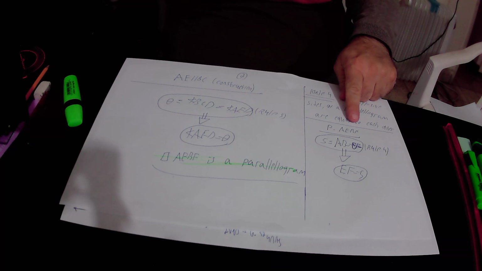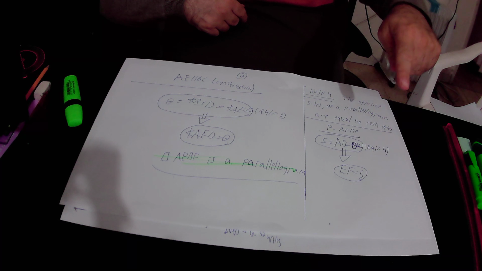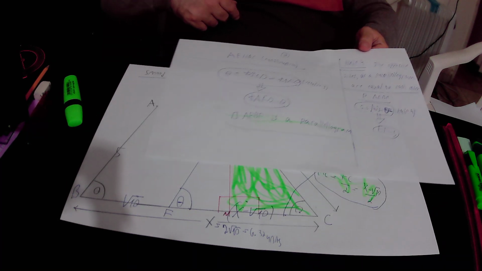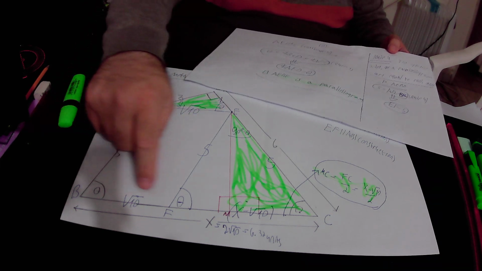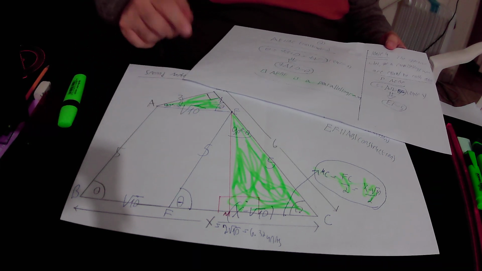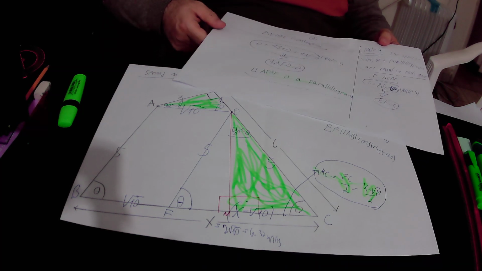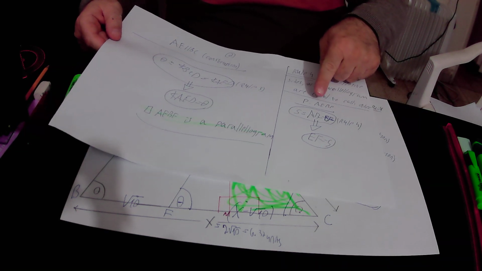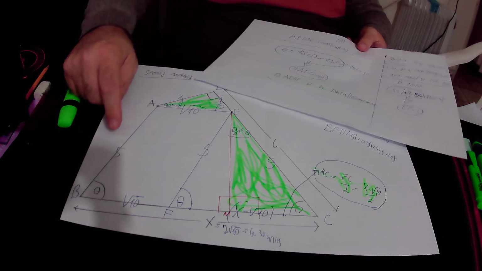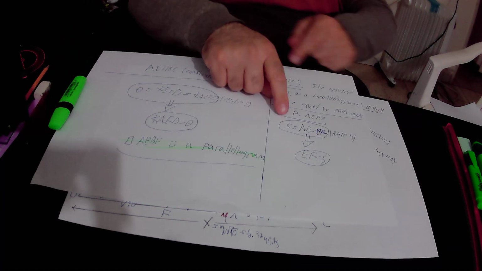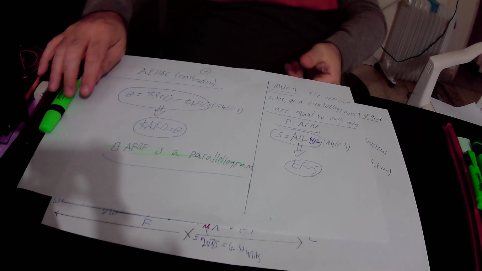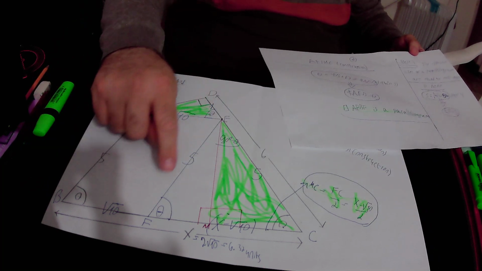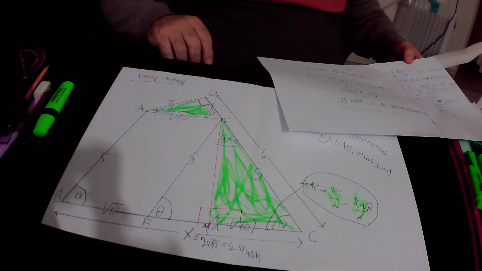But we know that AB equals 5 units. It is given in the question. So from the equation 5 equals AB equals EF, we will derive that EF is also equal to 5 units.